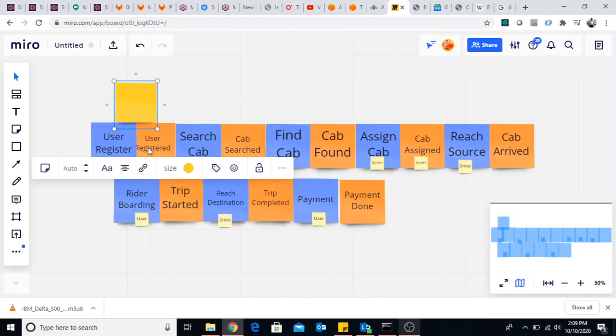Which aggregate will get impacted for this? So user will get registered. Might be there is certain validation to ensure that it should be treated as a user or not, might be the age of the person and all.